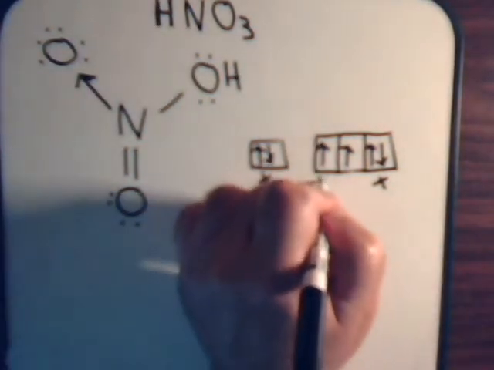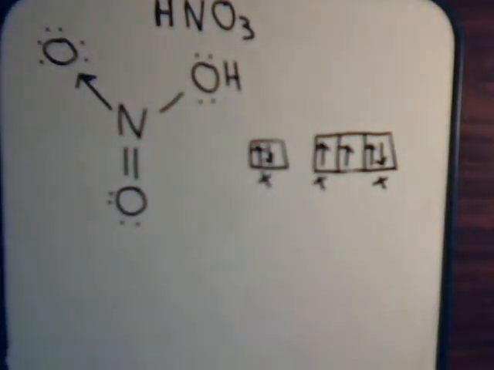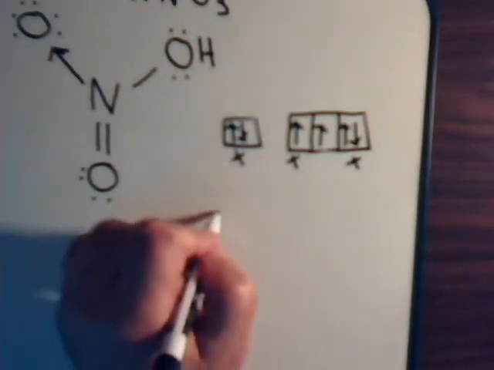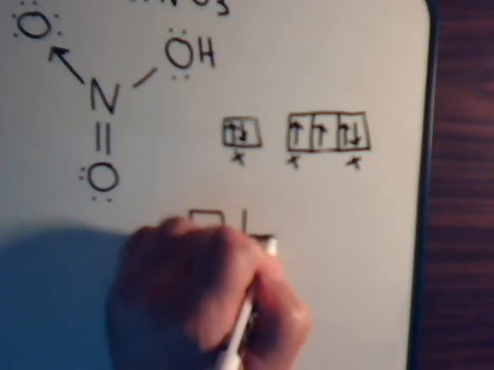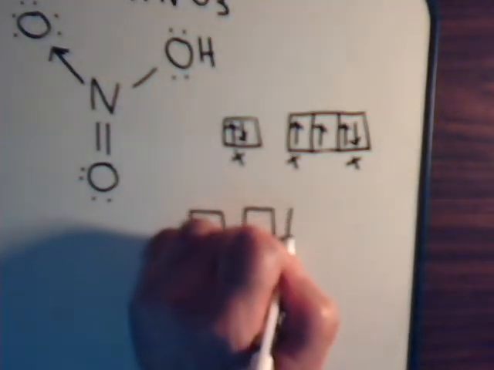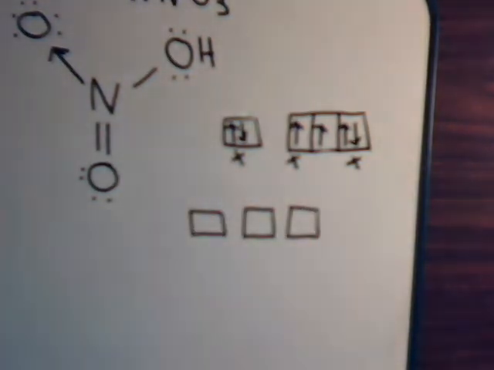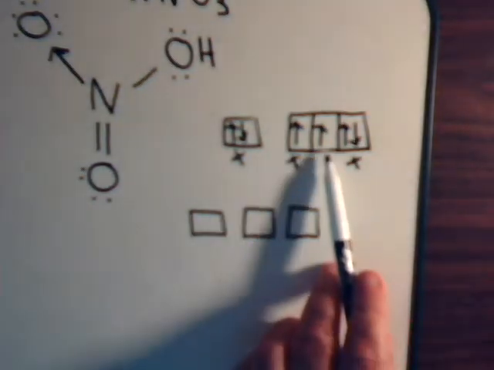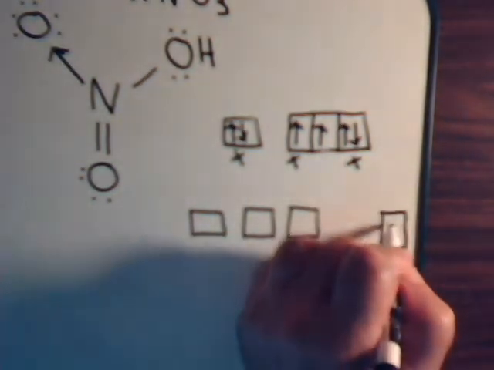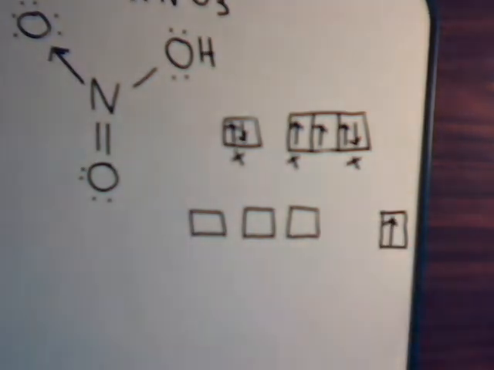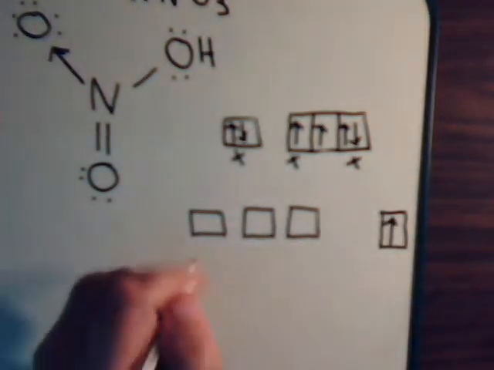Let's say we use this one. So again, we get the three equivalent sp2 molecular orbitals, and we have a p orbital left over that was not hybridized. These are the sp2 orbitals.